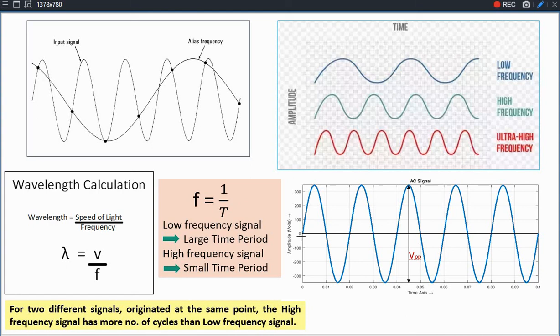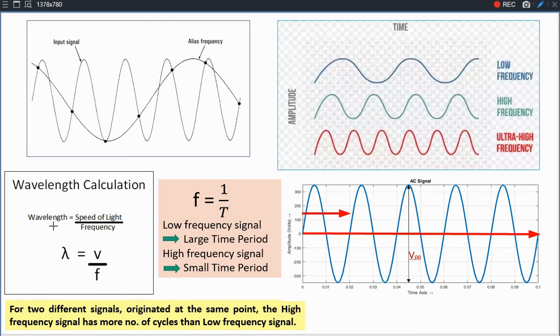If in the x direction of the sinusoidal wave, we take the physical quantity distance in place of time, then the distance covered by the signal in one cycle is known as wavelength. What is a wavelength? Wavelength is the distance covered by one cycle of any AC signal.